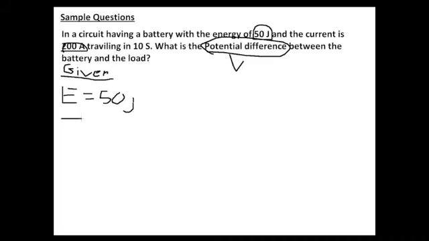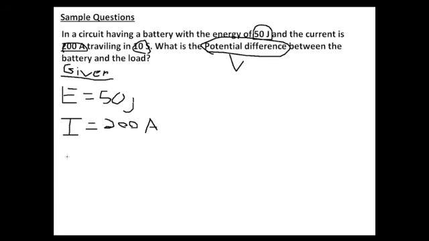The symbol for current is I. I equals 200 A for ampere. And it's traveling at 10 seconds.